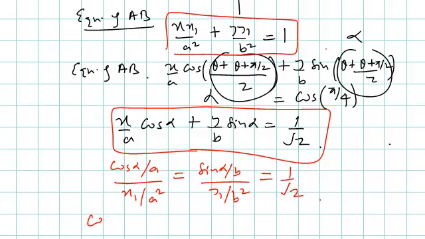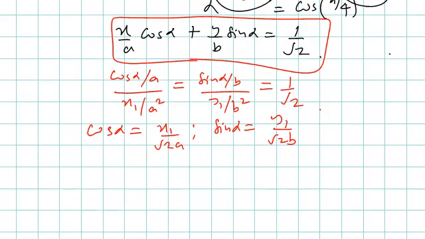So cos alpha is x1 by root 2a and sin alpha is y1 by root 2b. Now square and add. If we take square and add, the left hand side will become 1, right hand side is x1 square by 2a square plus y1 square by 2b square. So we get the locus.